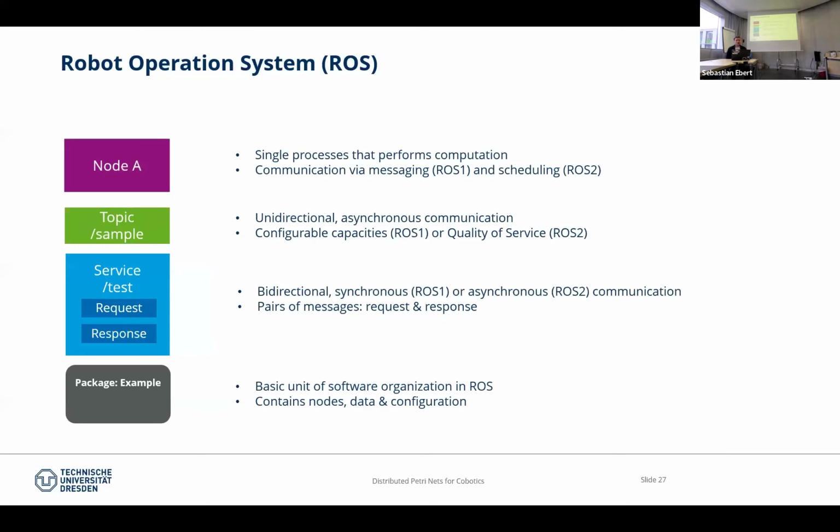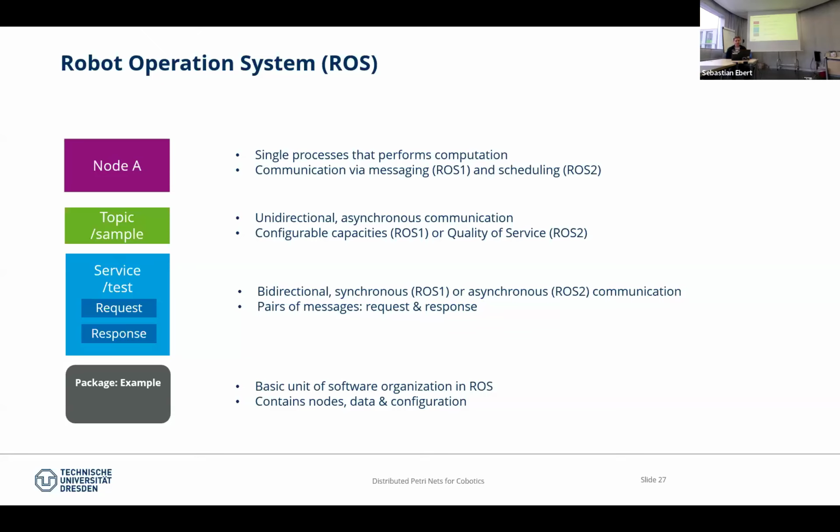In terms of topics, we have configurable capacities in ROS 1, and in ROS 2 we have quality of service, even though ROS 2 is basically a superset of ROS 1. Packages are just the basic unit of organization and structuring that we have there. So that's basically how such an application looks in the wild.